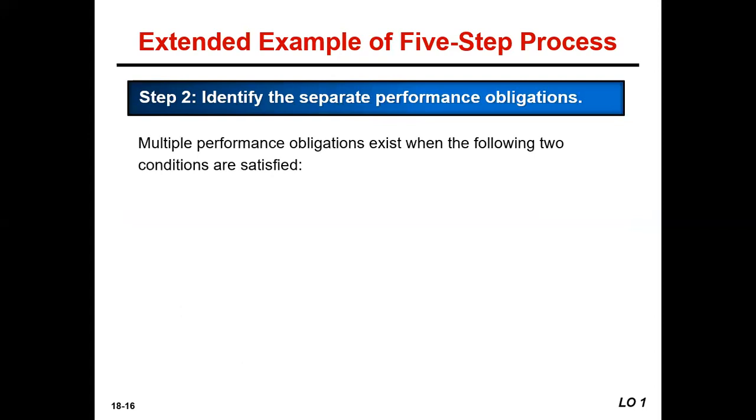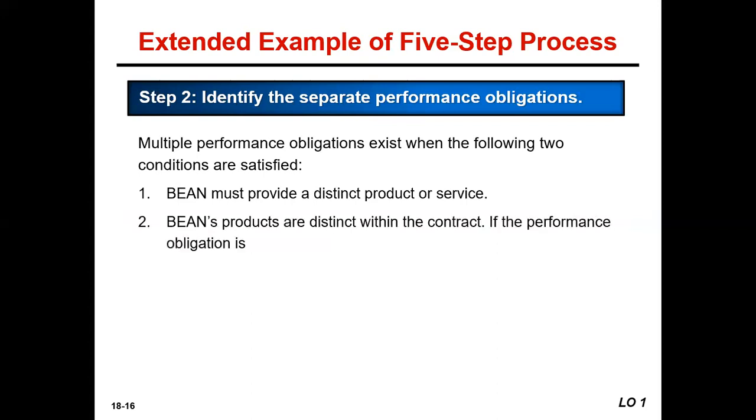So multiple performance obligations exist when the following 2 conditions are satisfied under step 2. So Bean must provide a distinct product or service. So it appears here that Bean's products are distinct within the contract.